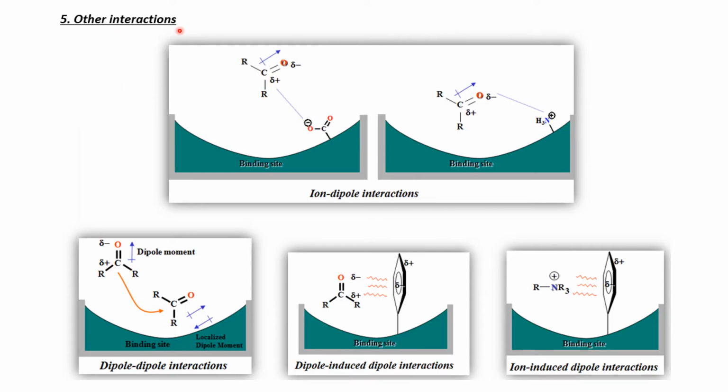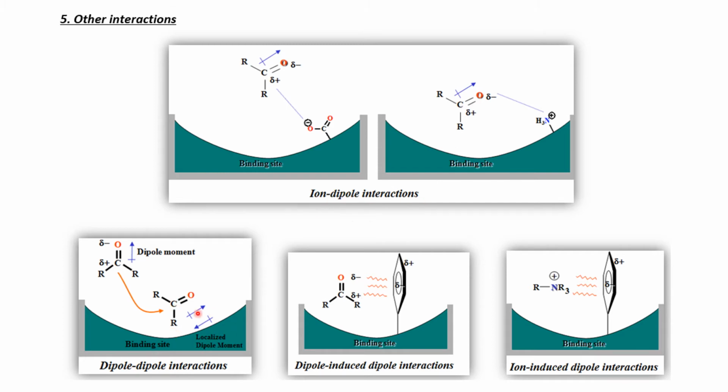Okay, so after we have studied the most commonly used kinds of interactions, there are other kinds of interactions that I'm going to list here. The first one is called ion-dipole interactions, which occurs between an ion and a polar molecule. Here's the dipole. We have a partial negative and partial positive being attracted to an ion. Another example here, if you have a positive ion like ammonium, it's attracted to this dipole, so it's called ion-dipole interactions.